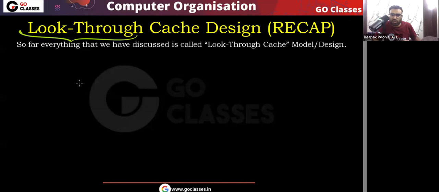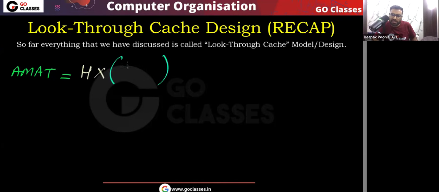So let's see the average memory access time formula for look through cache. This we have already seen, because everything that we have studied so far is basically the look through design. So tell me what will be the average memory access time formula in the look through design? In the look through design, if the data is available in the cache memory, meaning if there is a hit, then what is the total access time seen by the CPU?